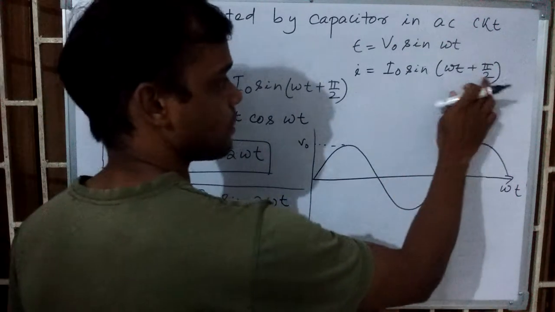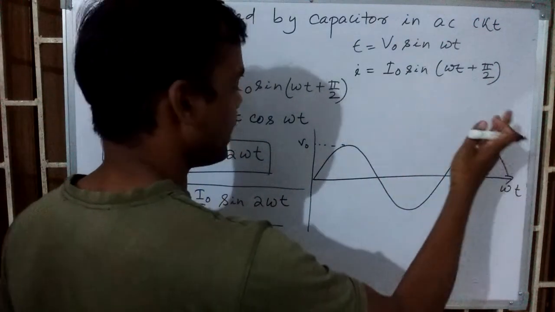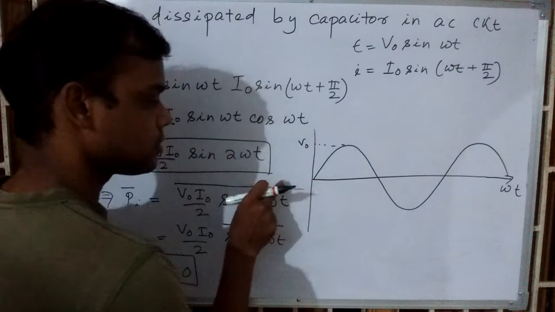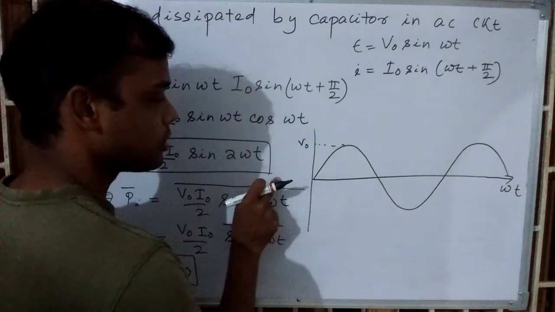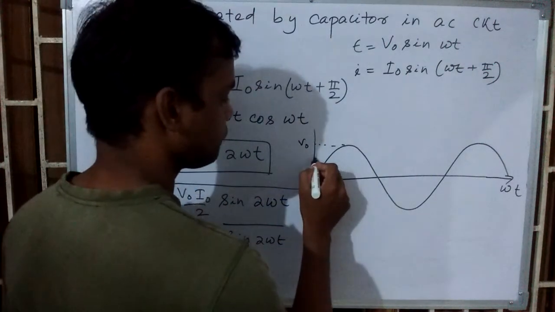That means 90 degrees ahead, so current will start from here.